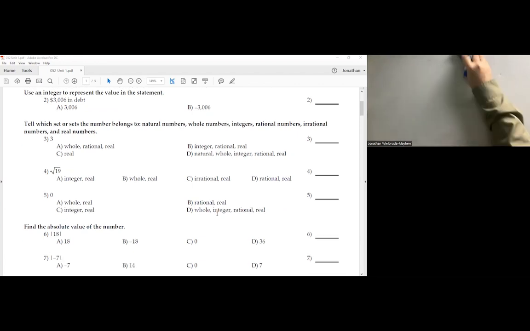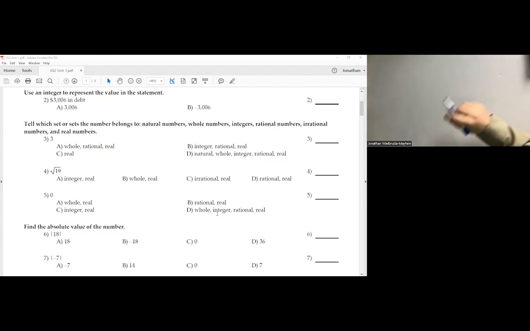Number 3, we want to tell which set or sets the number belongs to: natural numbers, whole numbers, integers, rational numbers, irrational numbers, and real numbers. In 3, we have the number 3. 3 is one of our counting numbers, so it is natural. All natural numbers are also whole numbers.